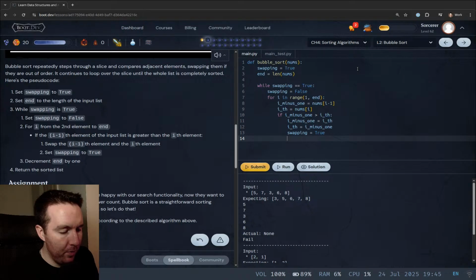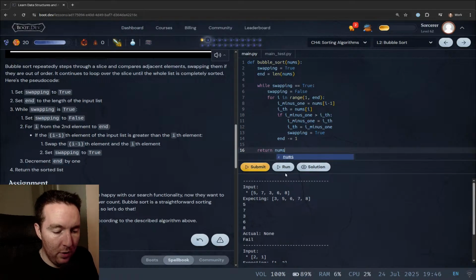Decrement n by 1. Oh, just by... inside the if? No. So then end, oops, n minus equal 1. Return the sorted list. So then return nums. Let's see what that does.